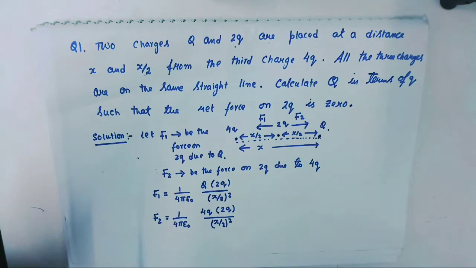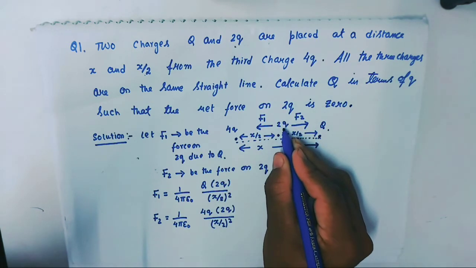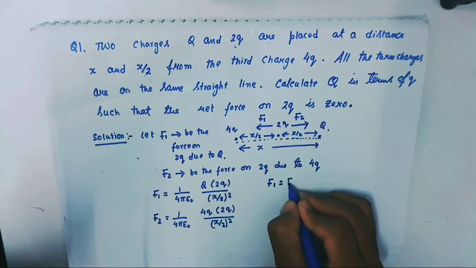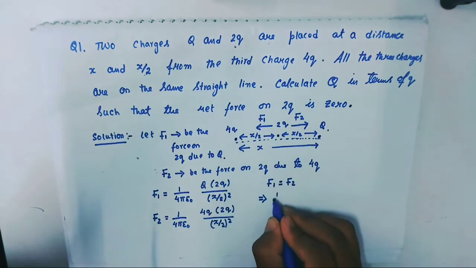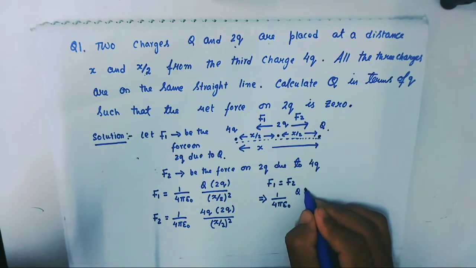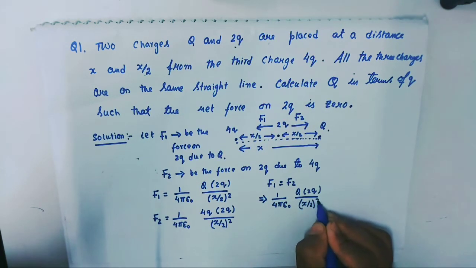According to the question, we have to calculate capital Q in terms of small q such that the net force on 2q is 0. Net force on this charge 2q equals 0 means F1 is equal to F2. This implies that instead of F1, I can write 1 by 4 pi epsilon naught, capital Q multiplied by 2q, divided by x by 2 holding square.